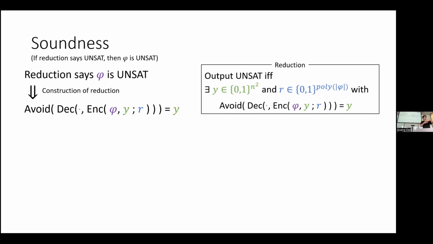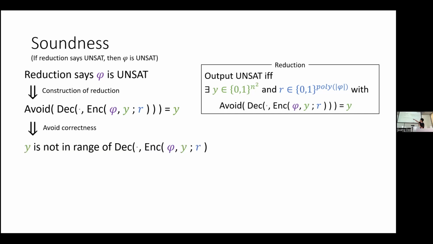After you plug in all these things inside the circuit, the range avoidance algorithm successfully inverted. And then the correctness of the avoid algorithm will tell you that y is not in the range of this circuit, which means that for any x, if you first encrypt it and you decrypt, you will not get y.